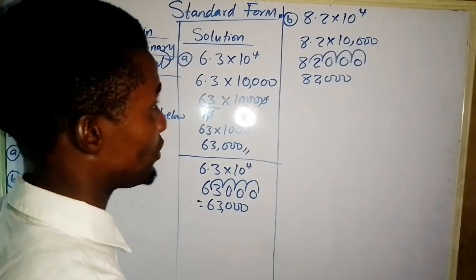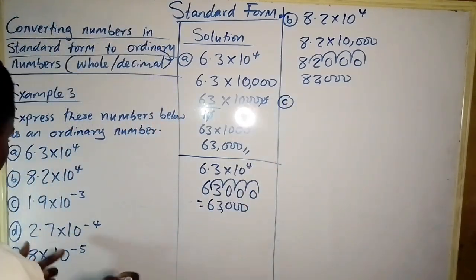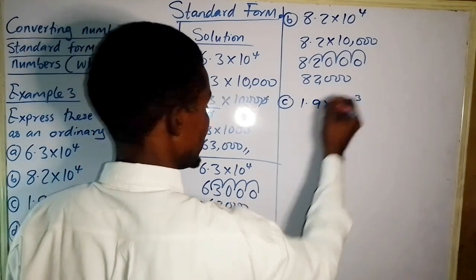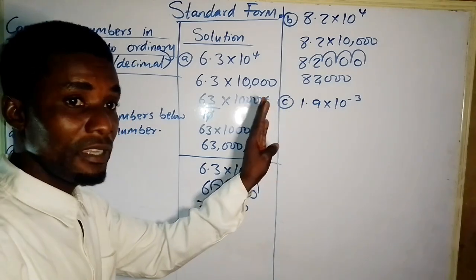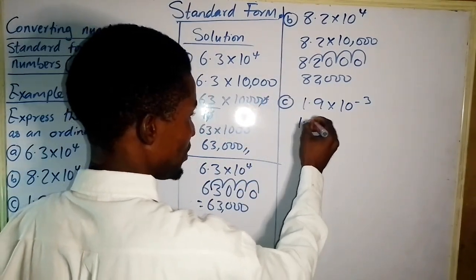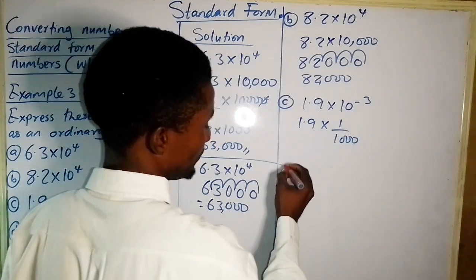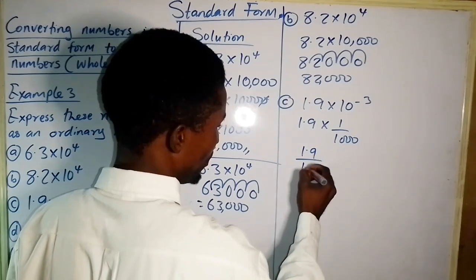The next one, we are having 1.9 times 10 raised to power minus 3. In this case, this is a decimal number. So we can say 1.9 times 1 over 1000.